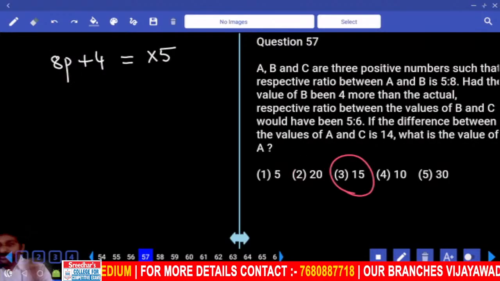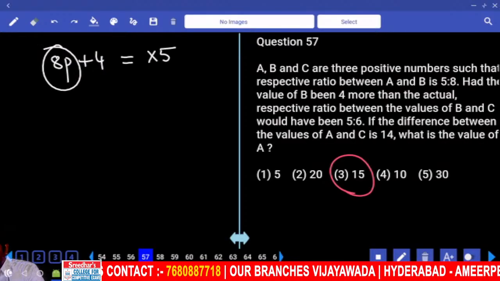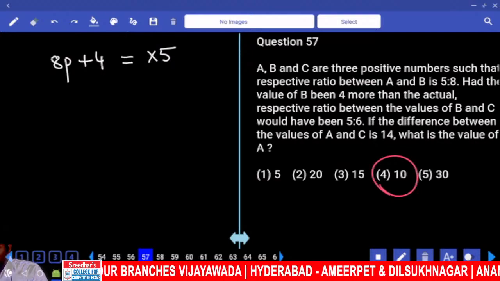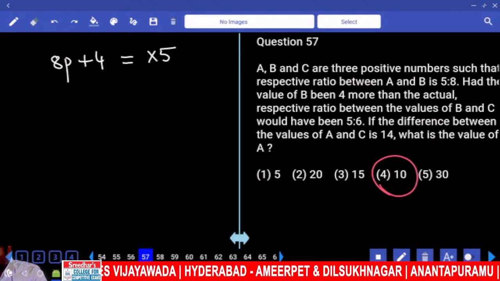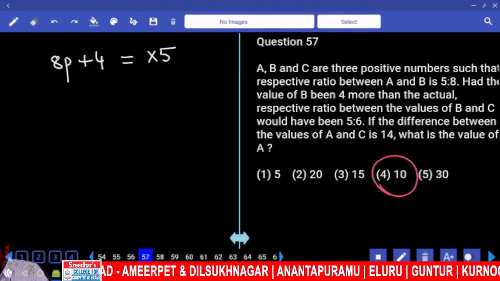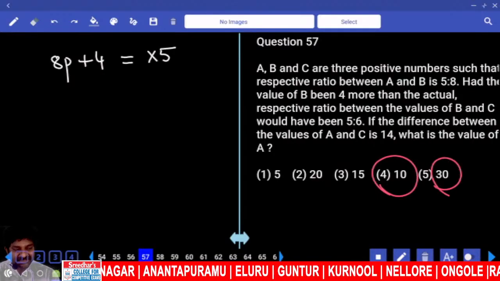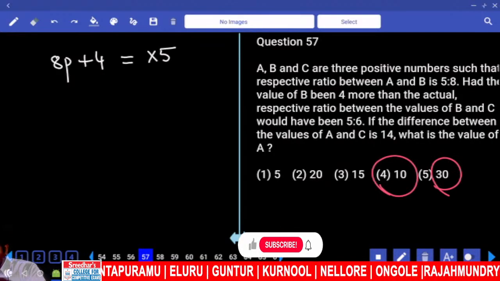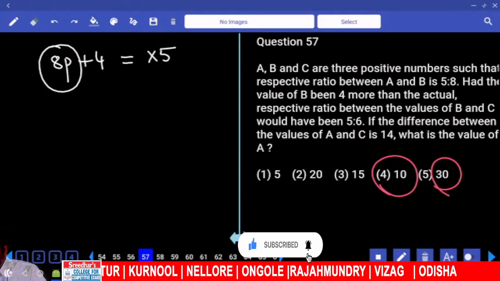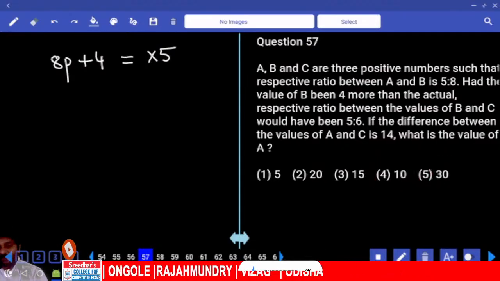If 5 parts is 15, 1 part, 8 parts plus 4, satisfying. If 5 parts is 10, 1 part is 2, 8 parts, 16 plus 4, is it a 5 multiple? That can be your answer, hold it. If 5 parts is 30, 1 part, 8 parts plus 4, satisfying. Answer, fourth option. This is one way.